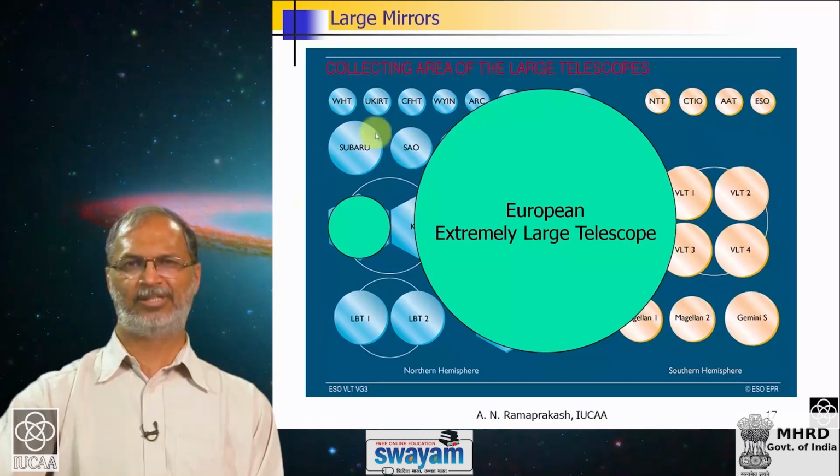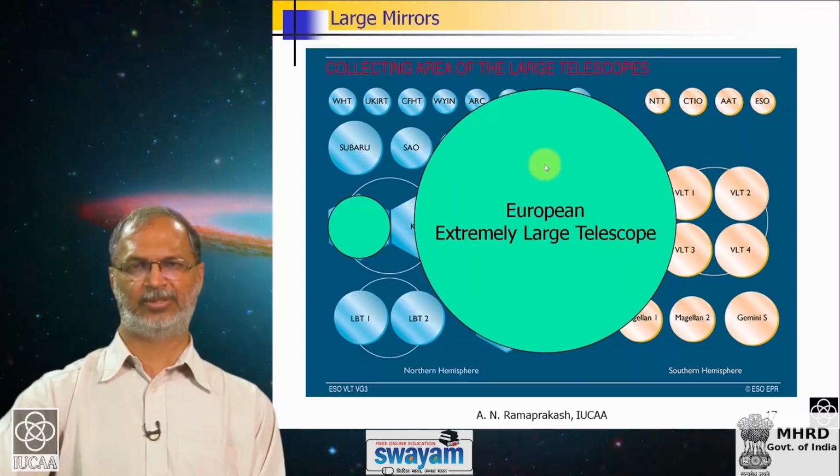You can almost fit all the existing telescopes within the area of this large telescope, which means that the light gathering power of astronomers is going to enormously increase once these telescopes become operational over the next decade or so. And equivalently, these telescopes also have very large focal lengths, which means they will also be able to find exquisitely fine details of objects in the sky.